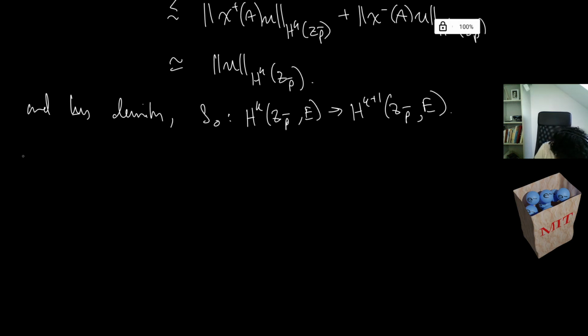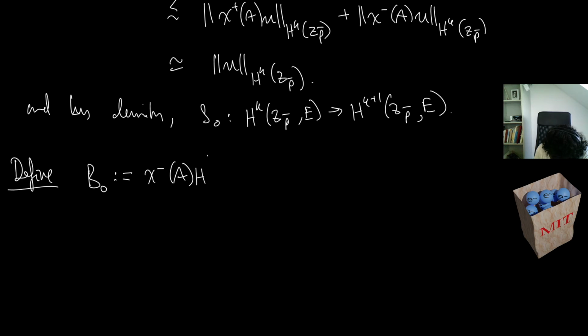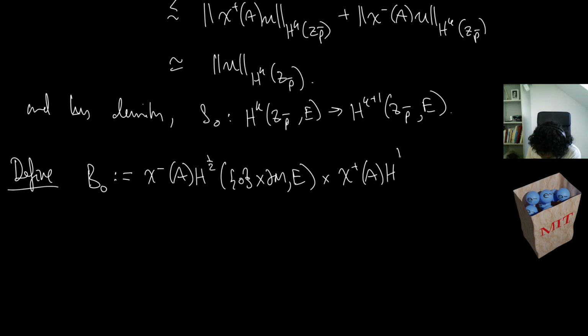So for that we have to define a particular boundary condition, right? So define the boundary condition B naught as equal to chi minus A of H half on the one side of the boundary for 0 cross, so this is the real boundary of E, cross chi plus of A H half for the fake rho part of the boundary.